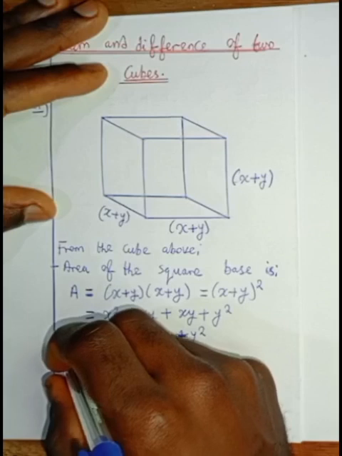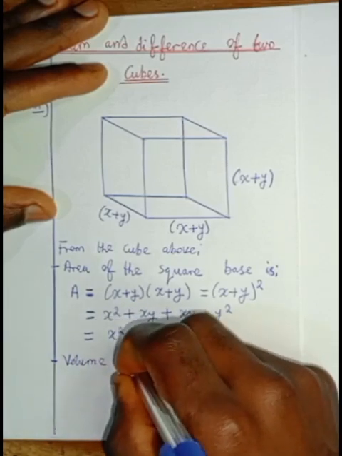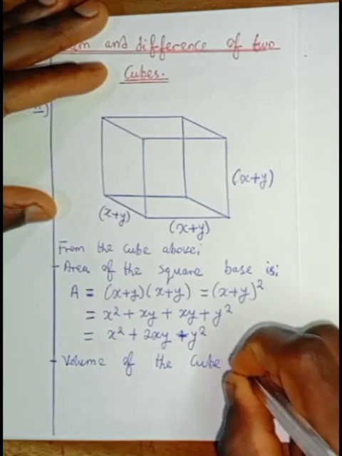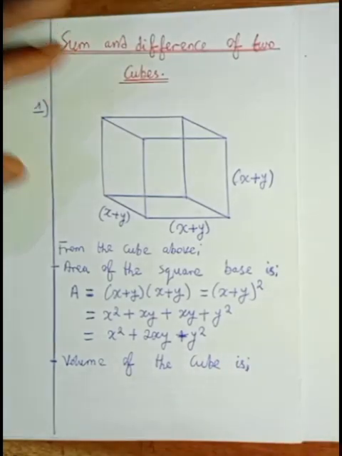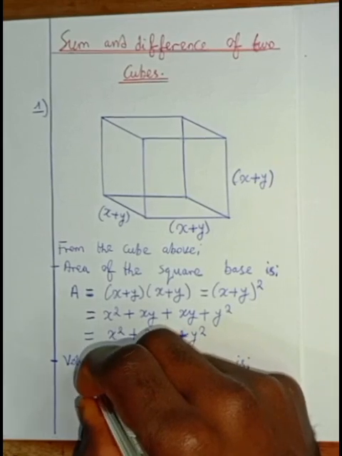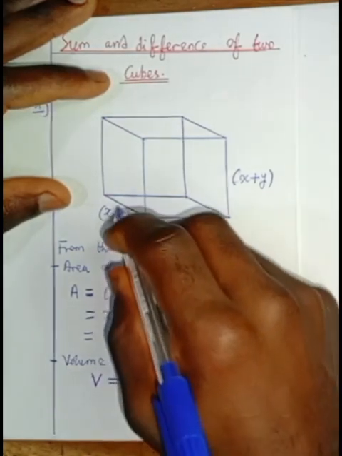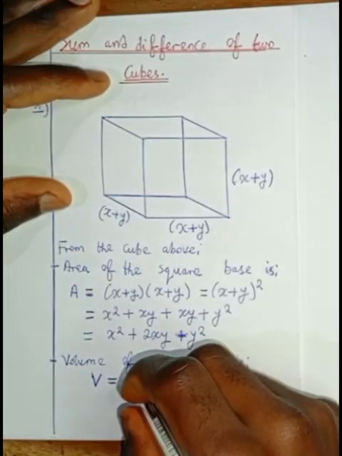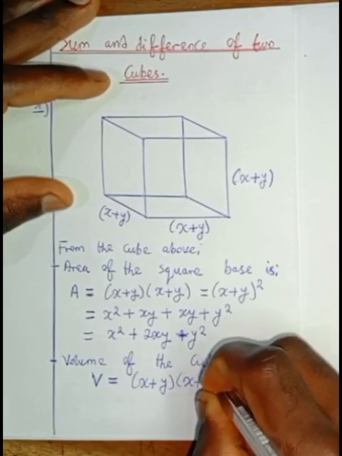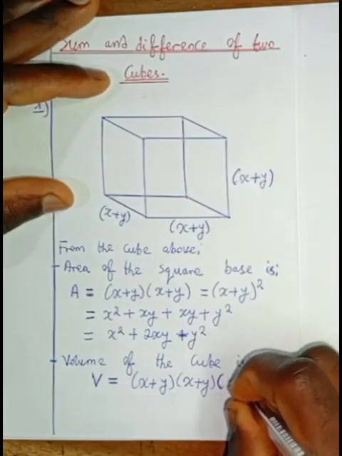Next, the volume of the cube. The volume of the cube is V, which is equal to the area of the square base, x plus y times x plus y, times the height of the cube, which is x plus y.